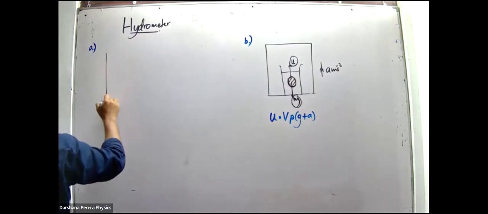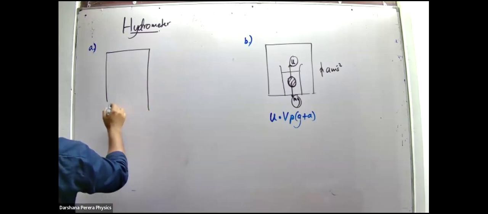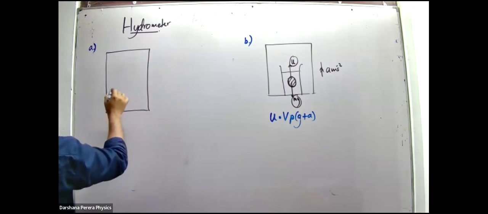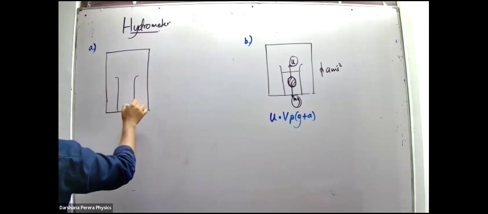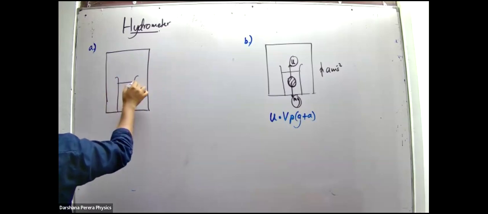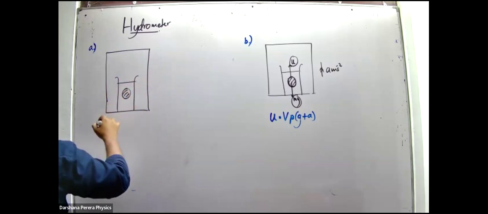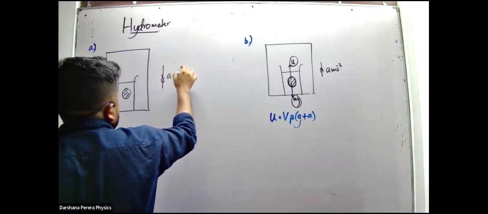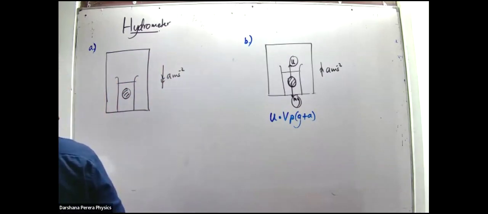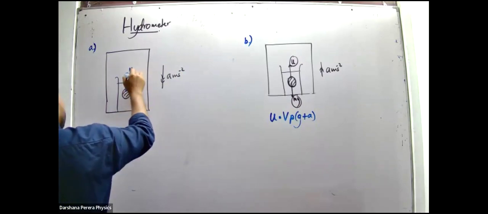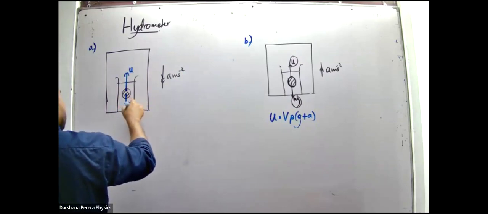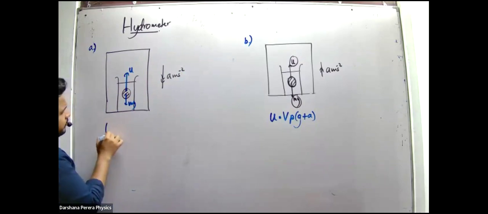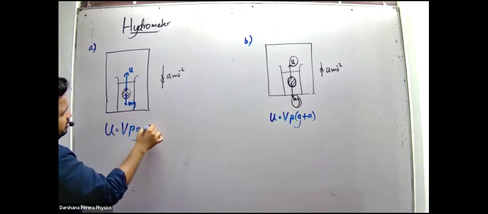Then when it travels with the acceleration downward, so what is U? U equals V rho (G minus A).